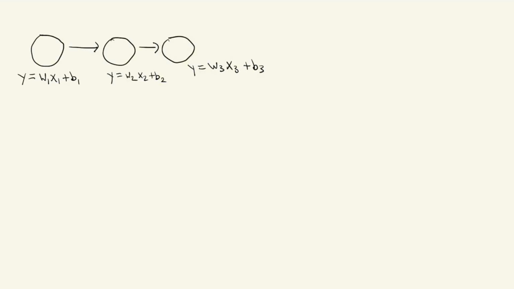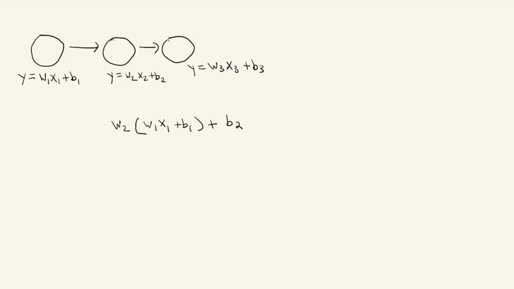So if we really look at what's happening here, you're constructing this massive equation. We're outputting this to this function, so it starts looking something like this: w2 times (w1 x1 plus b1) plus b2.